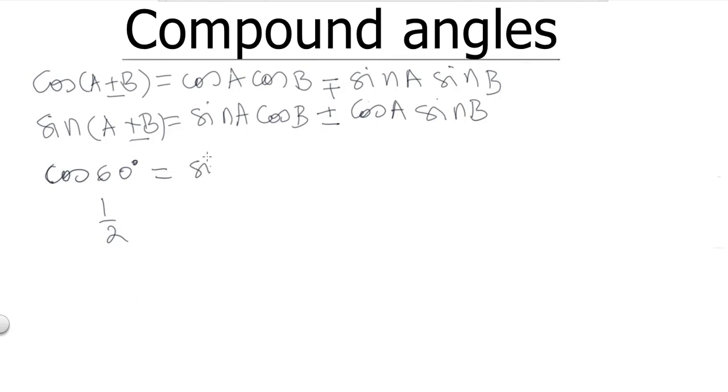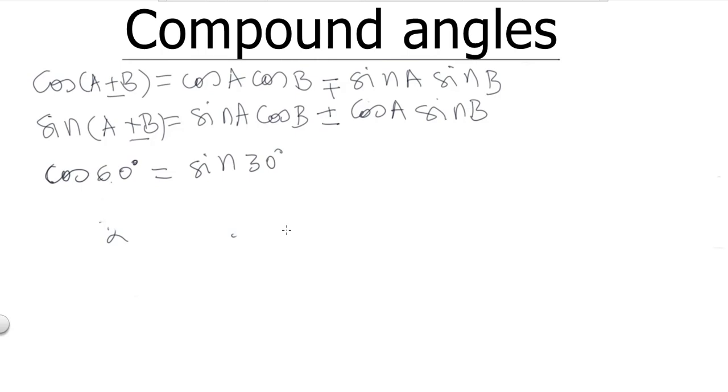And which sine is 1 over 2? Sine of 30 degrees will give you 1 over 2. Now, 60 degrees plus 30 degrees gives you 90 degrees. So when you have a cos and a sine whose angles add up to 90 degrees, it means they will give you the same value.